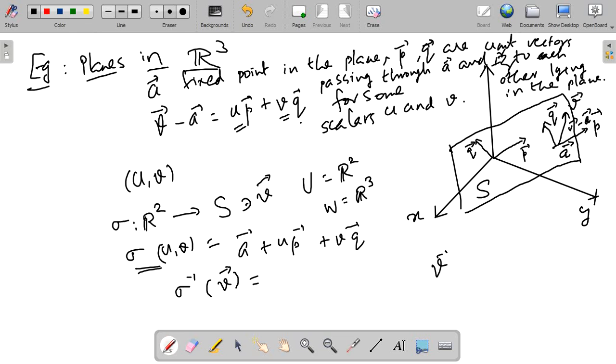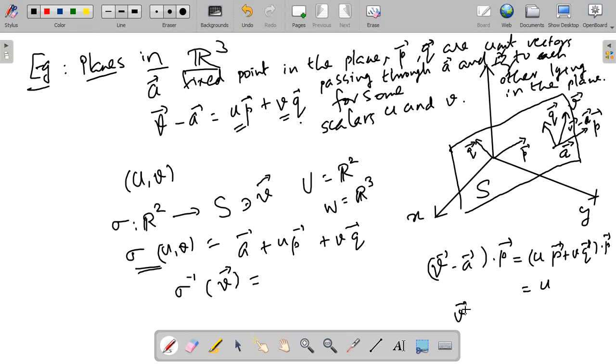So what is V minus A inner product with P? It is uP plus vQ inner product with P. But P is a unit vector, so P inner product P is 1. Q and P are orthogonal, perpendicular vectors, so Q inner product P is going to be 0. So I'll get u.